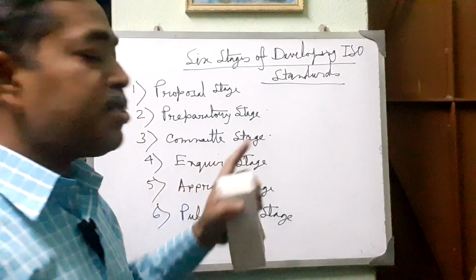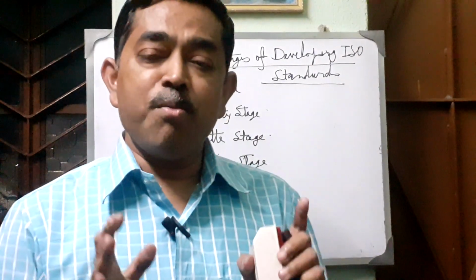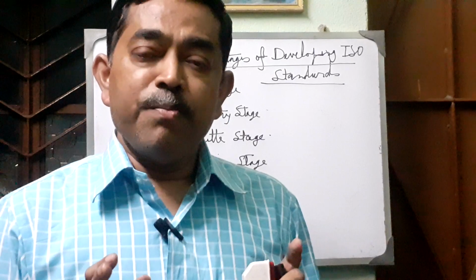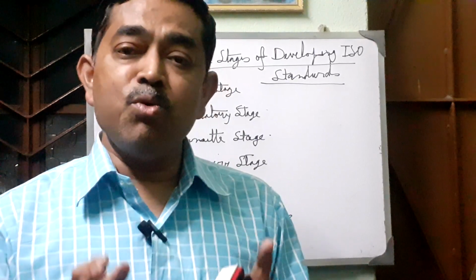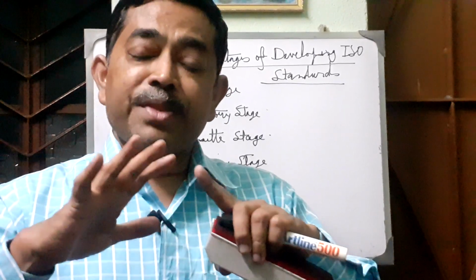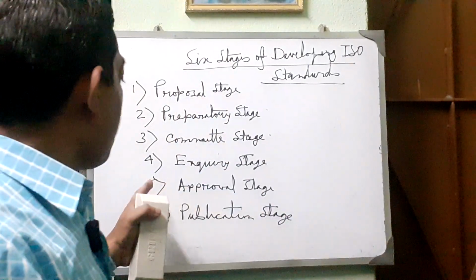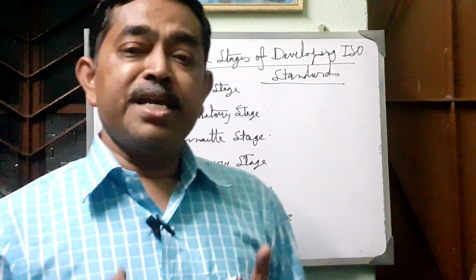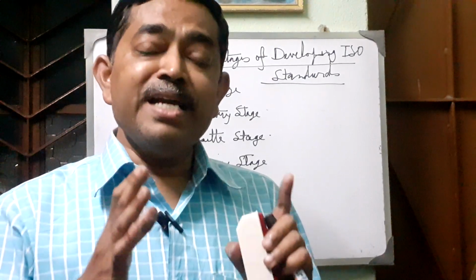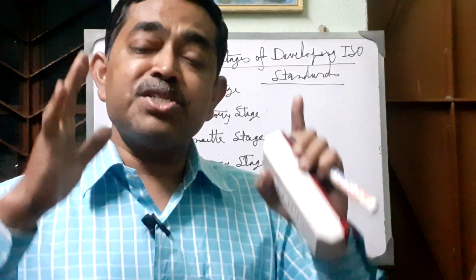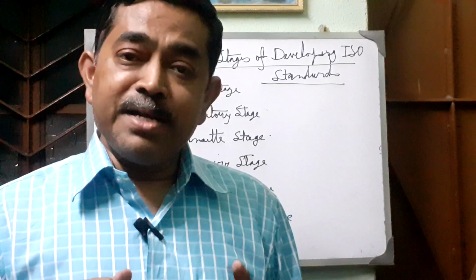The committee stage is the optional stage, where the ISO committee gives review and comments on the new standard. The fourth stage is the inquiry stage, where the DIS, the draft international standard, is formed.